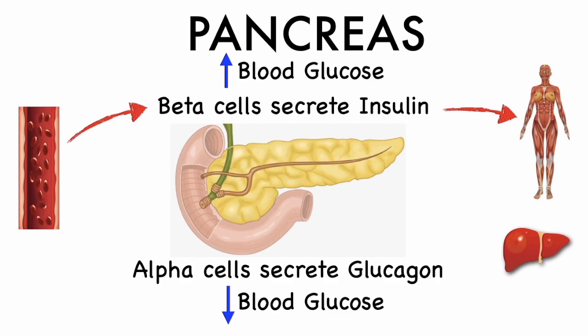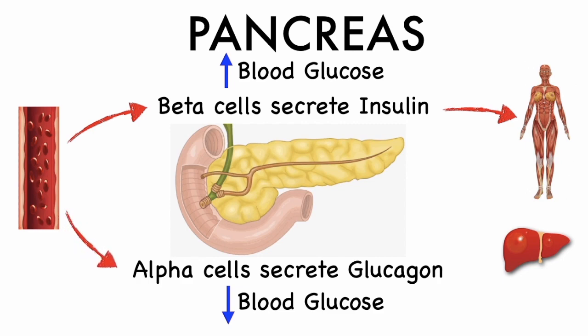What does that do? Well, it increases glucose uptake into the body, into your skeletal muscles, anywhere where you need, as well as glycogen production. Glycogen is the stored form of glucose.